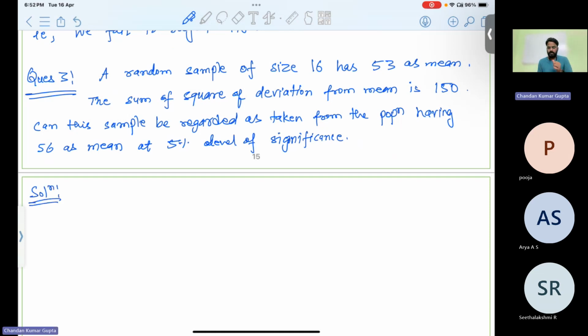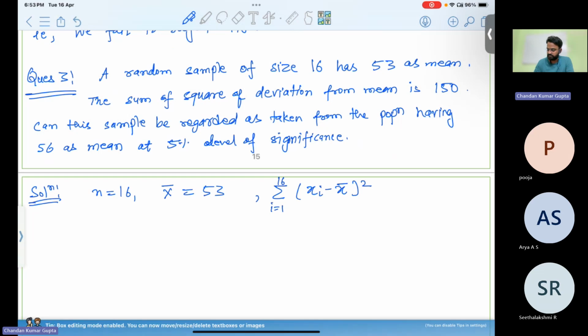The first step is the framing of the hypothesis. Given n equal to 16, the sample mean x bar equal to 53, and the sum of squares of deviations about the mean, the summation of xi minus x bar squared from 1 to 16, is given as 150.